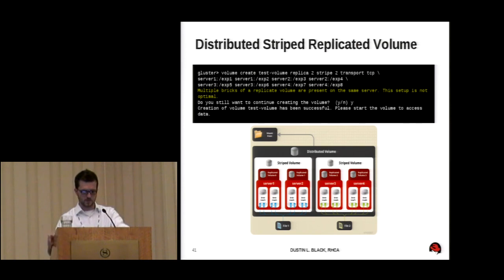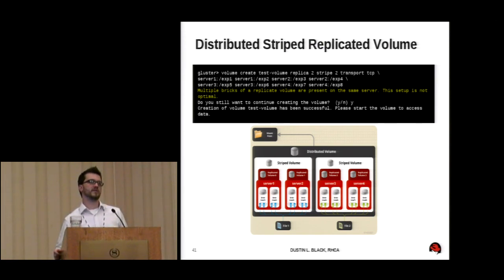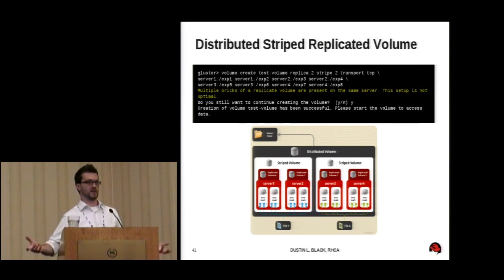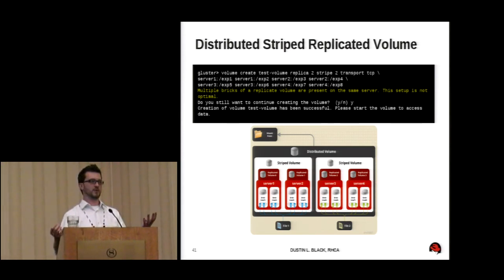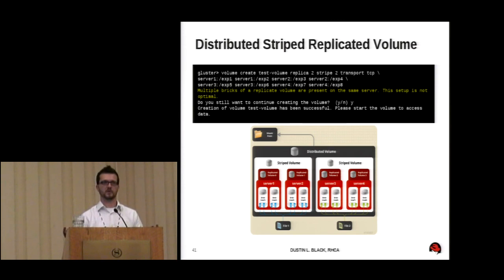So we've run volume create, we've given it a name, we tell it replica 2, stripe 2, and so we've told it 2 stripes and 2 replicas, but we've now given it 8 bricks to use. So with essentially the leftover set of bricks, because we told it 2 and 2, that's only 4, but we've given it 8, it's going to do the same thing with the other 4. It's going to distribute between 2 configurations that look exactly the same.